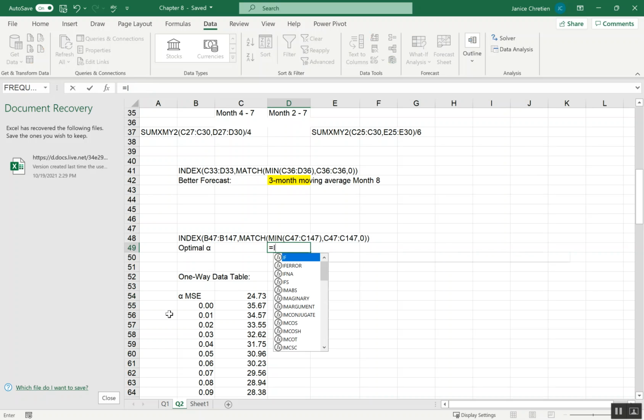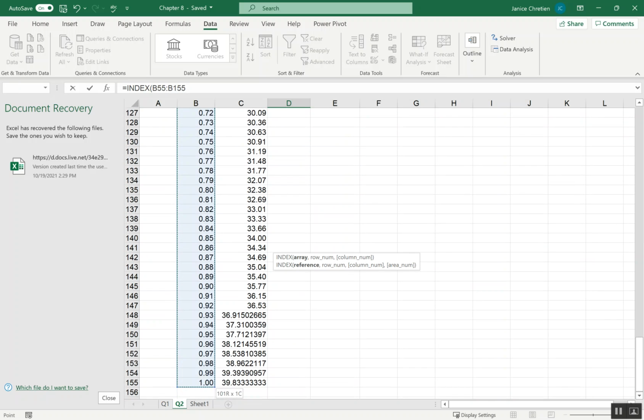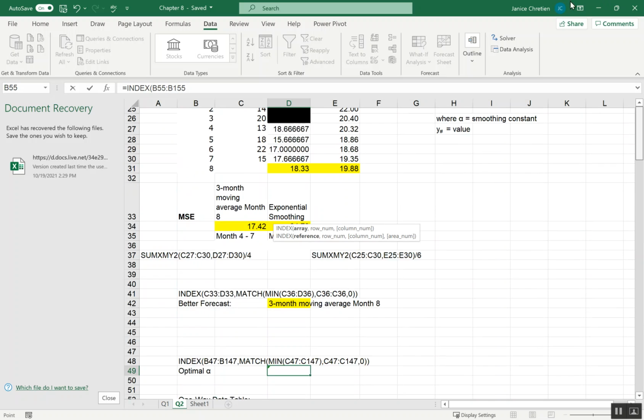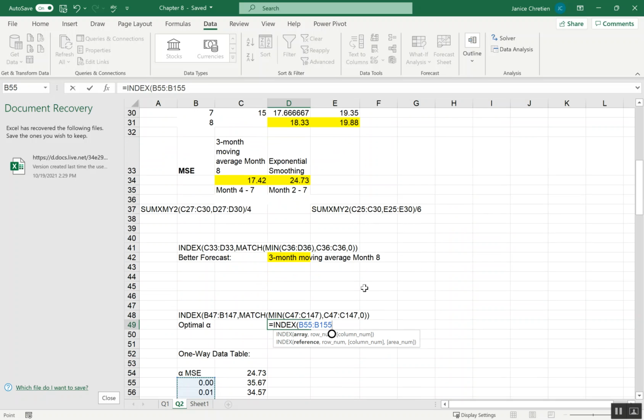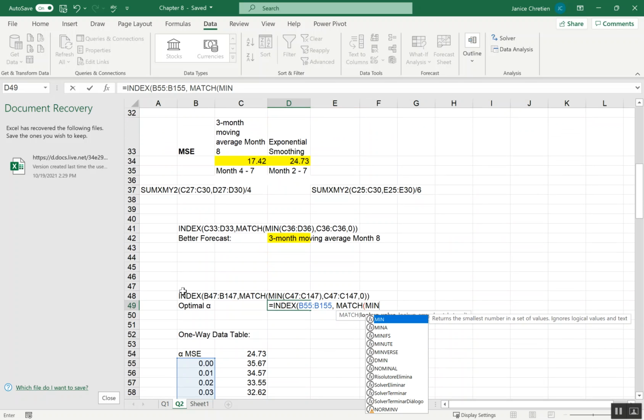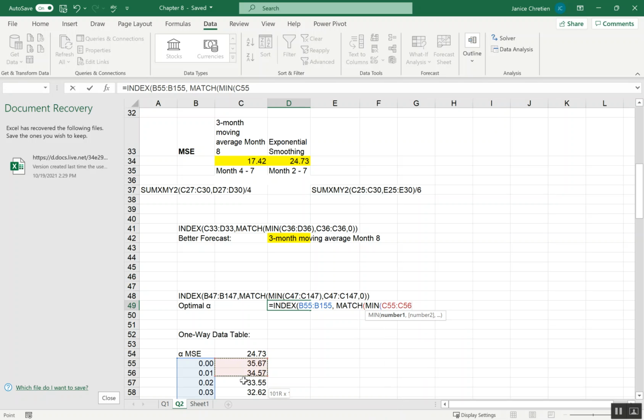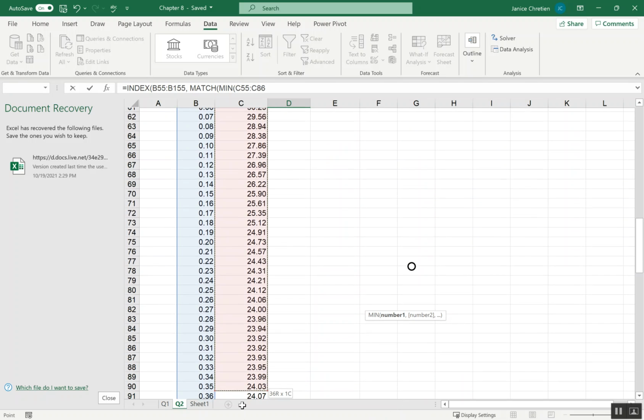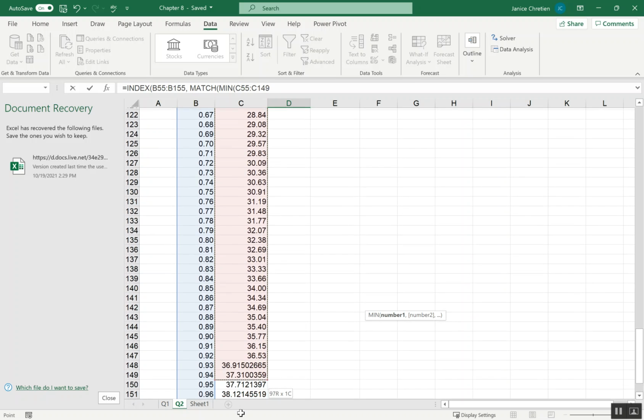You see, equals index, it's going to be all of these, comma, match, min, and then these values, leaving out the exponential smoothing that we found earlier.